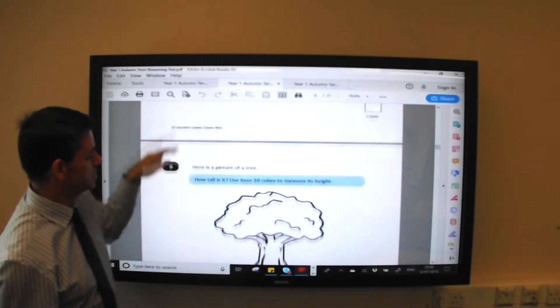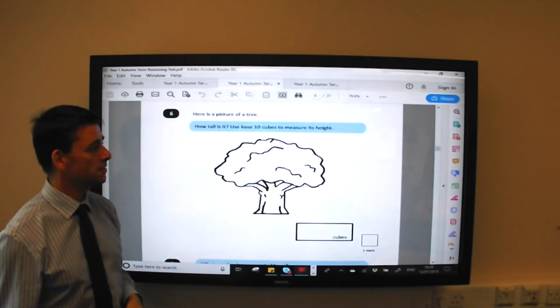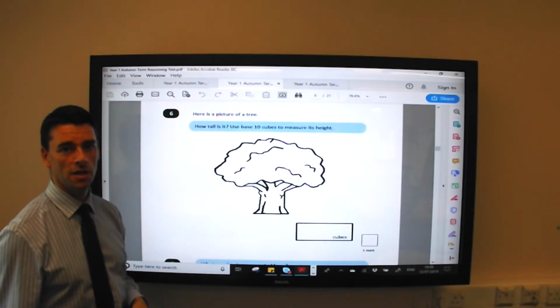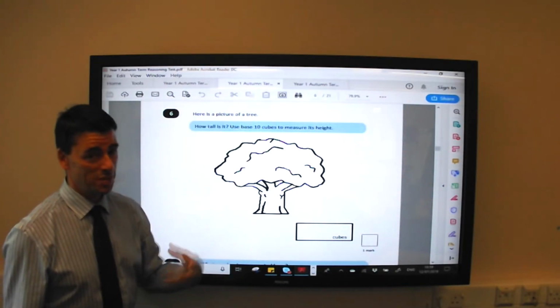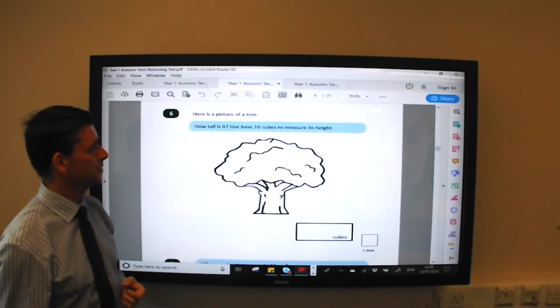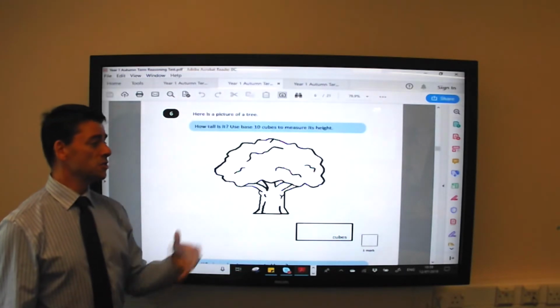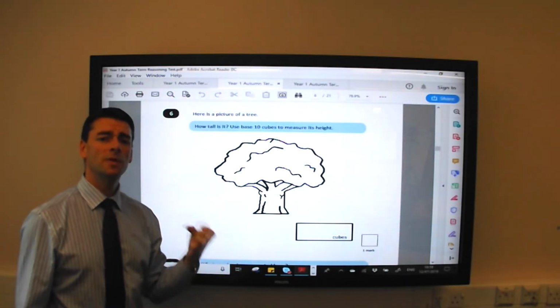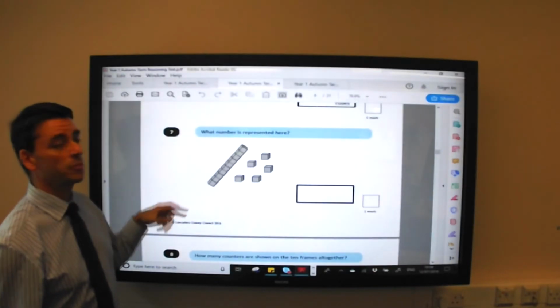After the oral questions, we've got these, once again, that reflect the questions and their presentation in the national tests. So again, it's saying use practical equipment for this. So here's a picture of a tree. How tall is it? Use base 10 cubes to measure its height. So we're assessing measurement there, which can't be assessed in the arithmetic paper. What number is represented here?